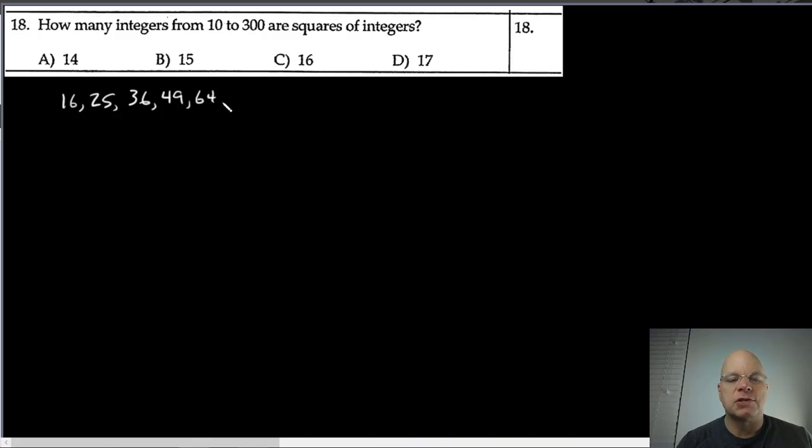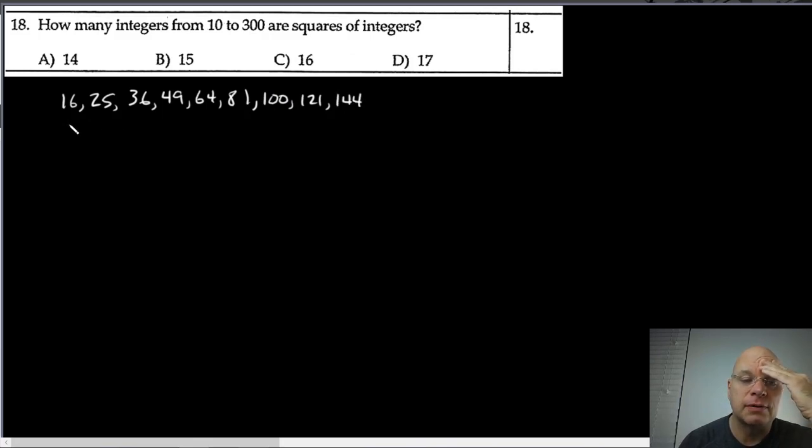It might on the test be more efficient to not even write these down and just realize, okay, 10 squared is 100. Oh, it asked for how many? Excuse me, we should really write them down. 8 squared is 64, 9 squared is 81, 10 squared is 100, 11 squared 121, 12 squared is 144.